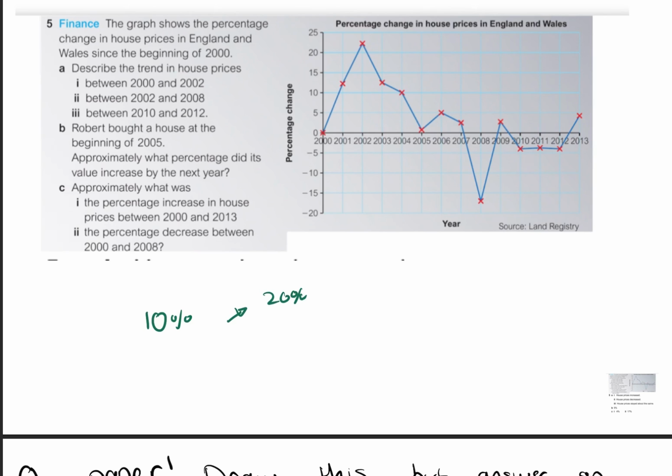So for example, that'd be 10% and let's say it went up to 20%, it would just be a simple 10% increase. Now, this is the percentage change, so I'm not going to say more on that, not to confuse you, but have a go at this and see what you can do.